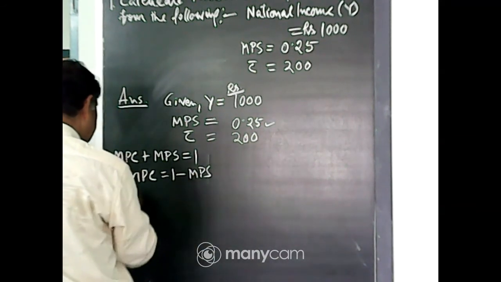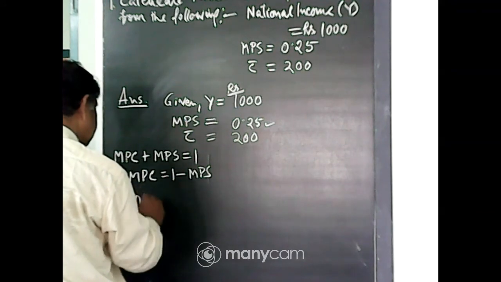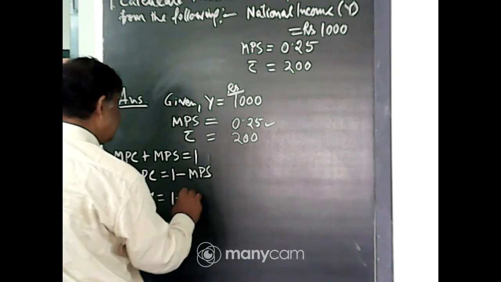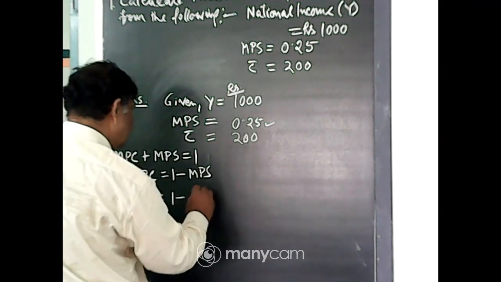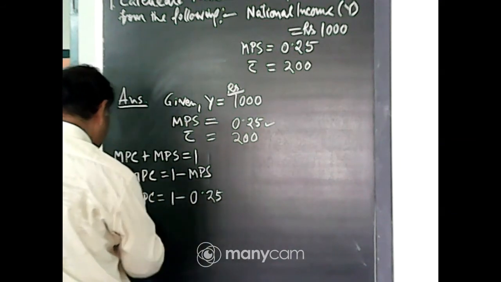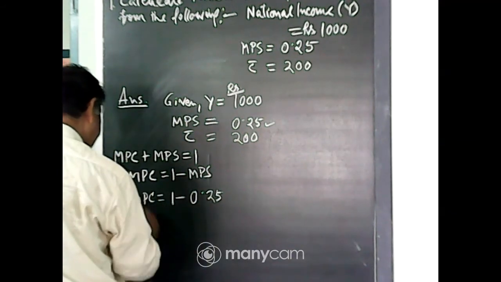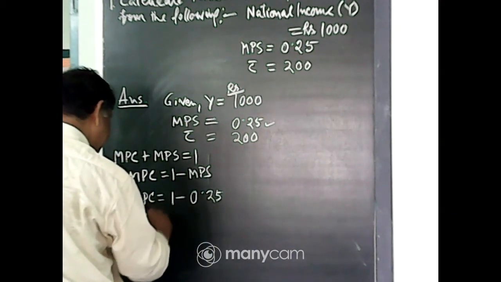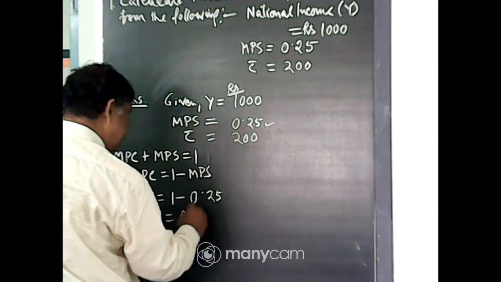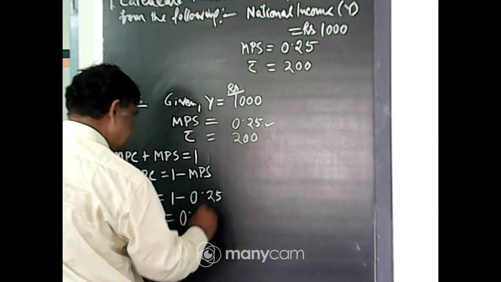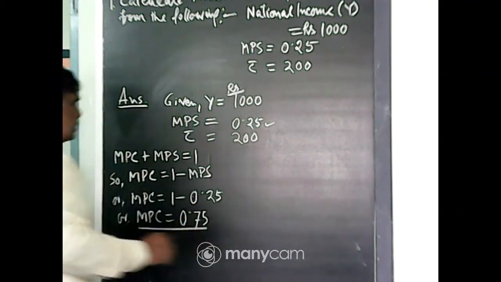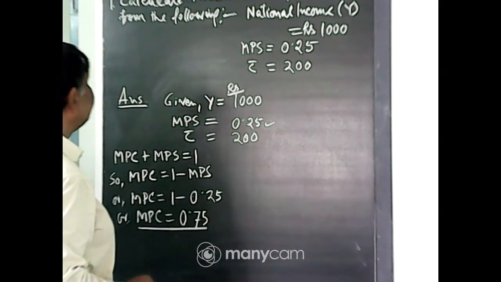So MPC is equal to 1 minus 0.25, or MPC is equal to 0.75.